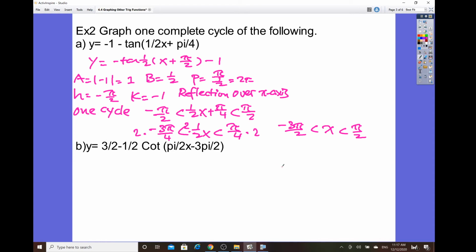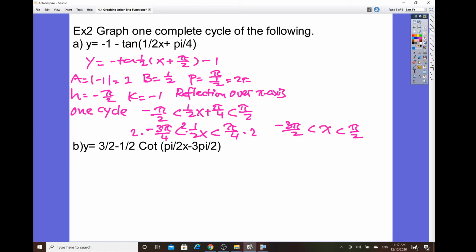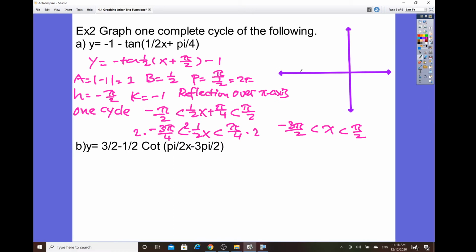So let's sketch the parent graph. So we need the x-axis and the y-axis. So this one is from negative 3 pi over 2 right here. Here's 0. Here's pi over 2. Again, at those two positions, those are the vertical asymptotes.